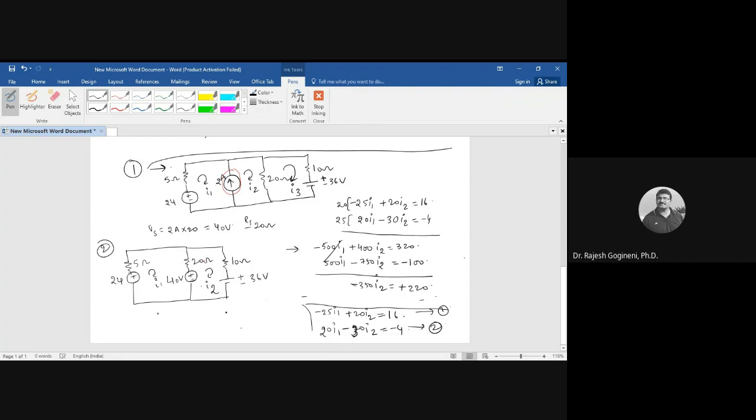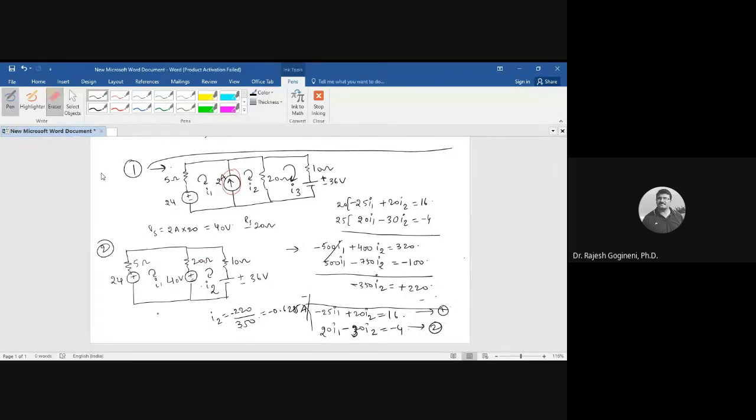So I2 is equal to 220 by 350. 220 divided by 350 is 0.6285, and the minus is there. So I2 is minus 0.6285 amperes.